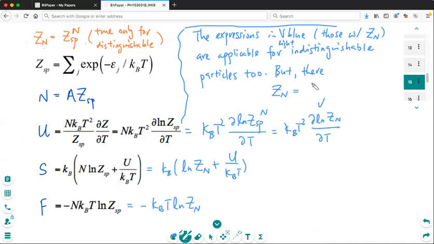You can still define the partition function for single particle, but you don't get this relationship. Instead, what you get is this, divided by n factorial. Okay, so this is a preview. That is to say, if you start from the energy spectrum, you correctly write down the partition function for the system, then you can use this expression again.